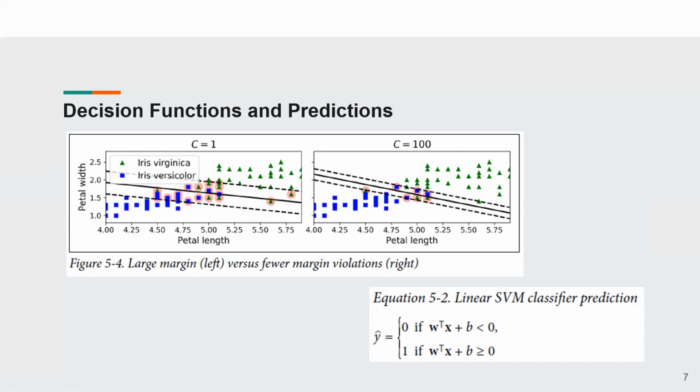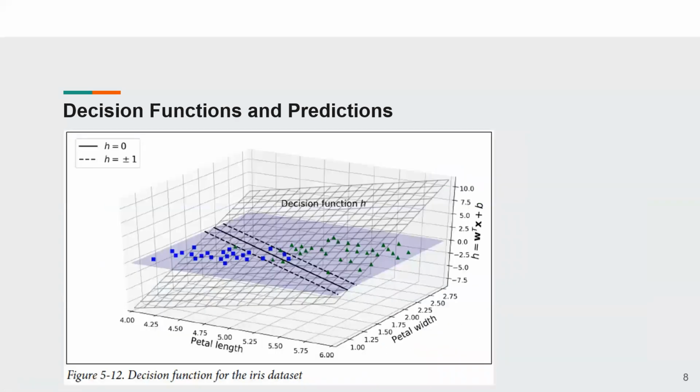That's called the decision function. Same thing for the iris flower data set. When h equals 0 would be the solid line. And if you allow for positive and negative to differentiate those two, then you have positive 1 and negative 1, which would be the dashed lines to differentiate those two different types of flowers.